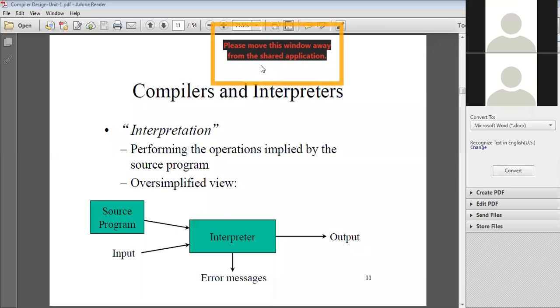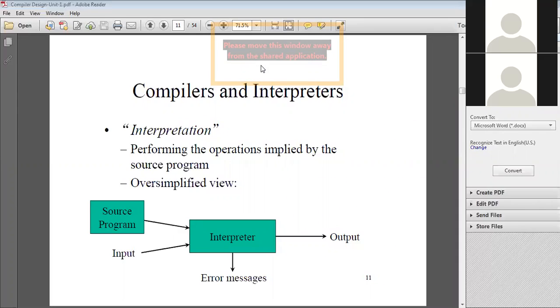If we compare quality-wise, the interpreter is better than the compiler. But the efficiency of the compiler is better, because the time taken by the interpreter is more.